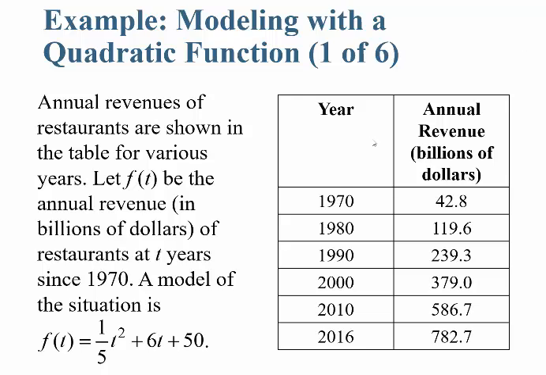If you look, in 1970, restaurants made 42.8 billion, and then they've gone way up. By 2016, they've made 782.7 billion. The model that describes the relationship between years since 1970 and revenue is given by 1/5 t squared plus 6t plus 50.